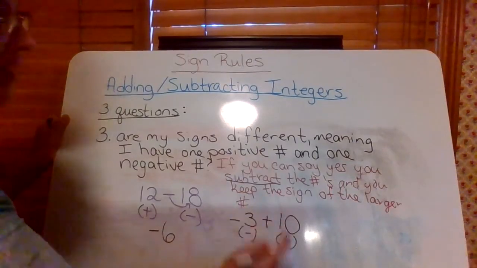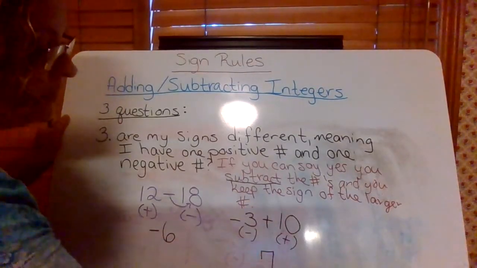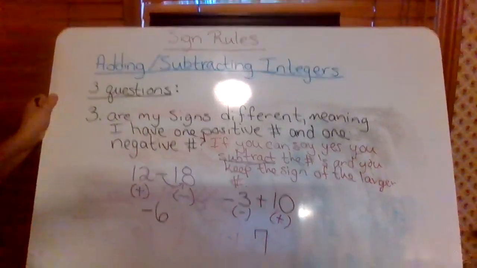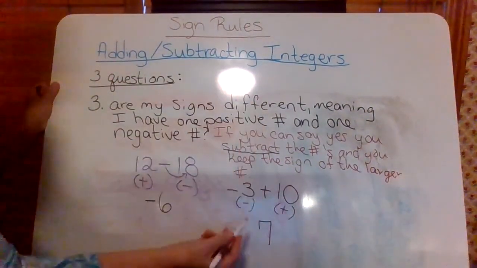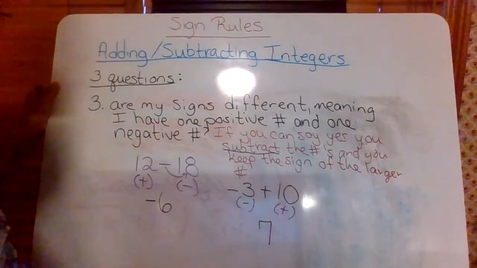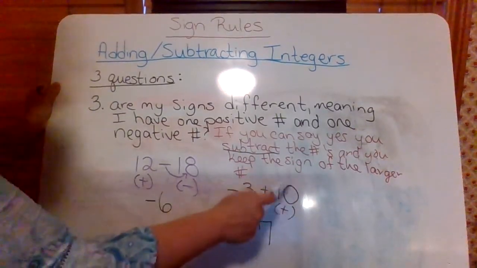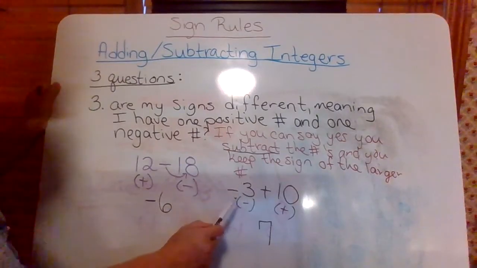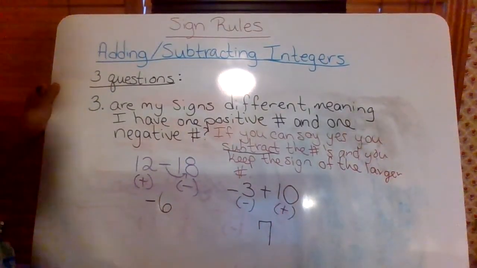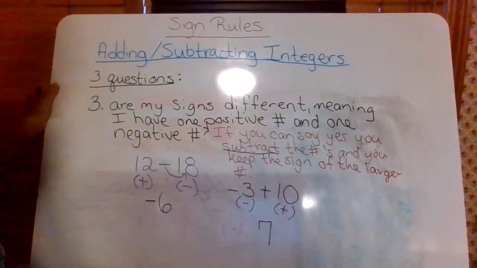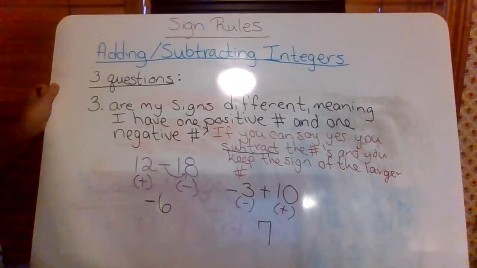So if I do 10 minus 3, I get 7. Now, which one's bigger? Is 3 bigger or is 10 bigger? Well, because I know how to count, I know that 10 is actually bigger than 3. Well, 10 is positive. That means my 7 is positive. Do I have to put anything here? No, I can just leave it as 7. And that is the correct answer.